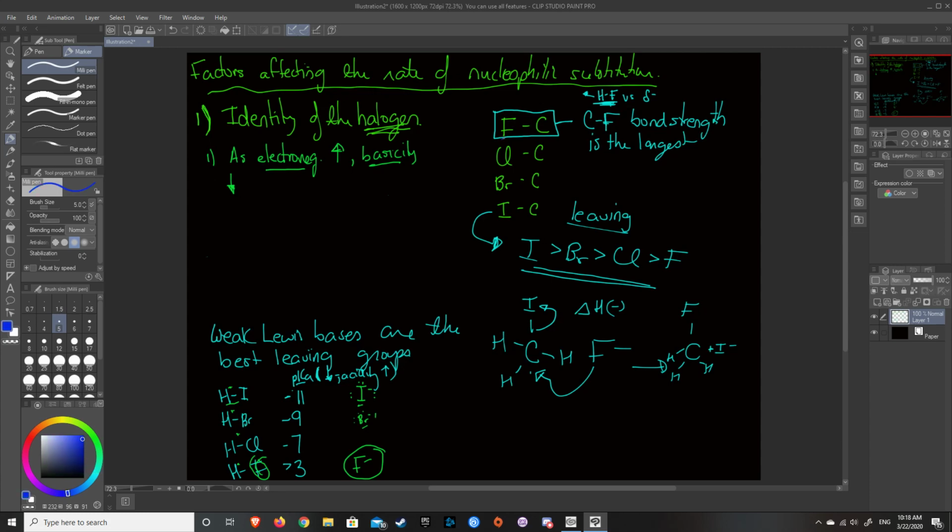Fluorine is the most electronegative, but it's not the weakest base because the bond strength is much higher, whereas in this case the bond strength is much lower. So the trend starts from chlorine to bromine to iodine, because more things are happening with fluorine than what we actually need to know in IB.